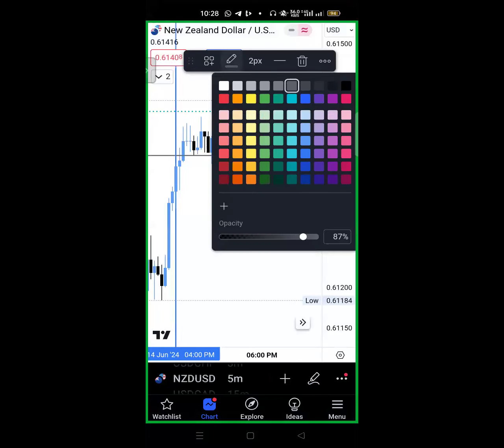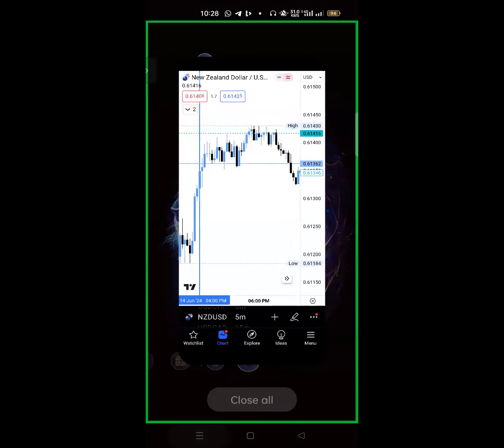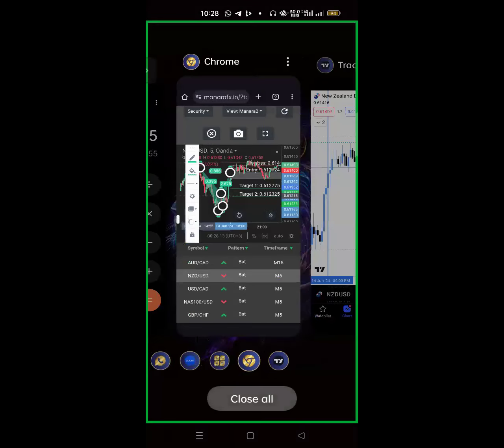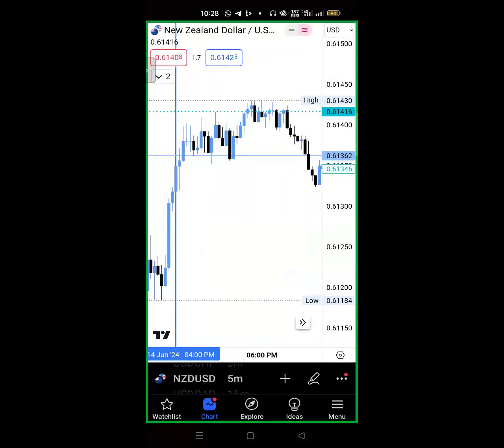I used a very faint blue line for that. So that's the entry. The stop loss was 0.614.